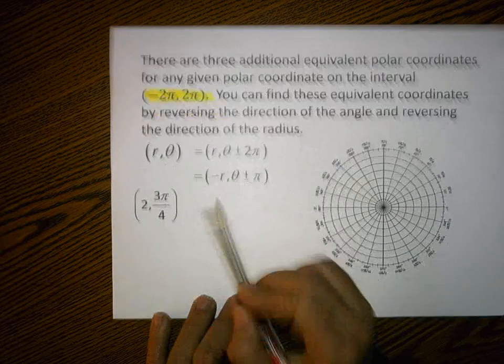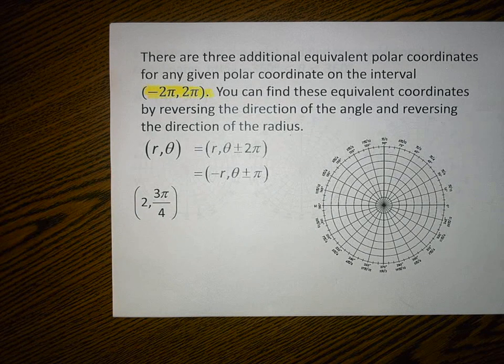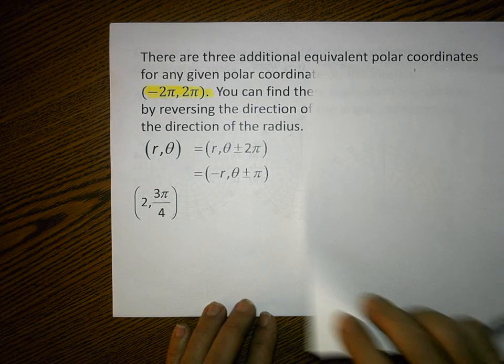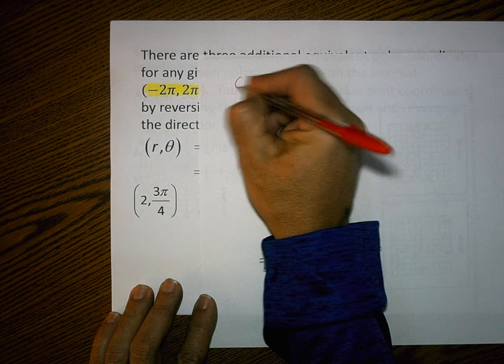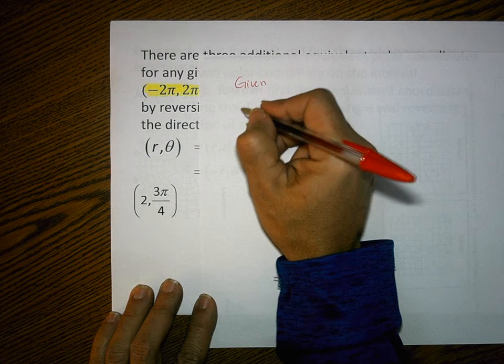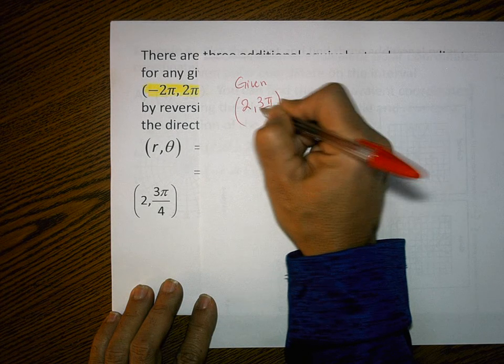For example, let's do this one, 2, 3/4 of a pi. Let me go ahead and do it fresh over here on a nice clean piece of paper. So the given coordinate is 2, 3/4 of a pi. Let me go ahead and cover it.